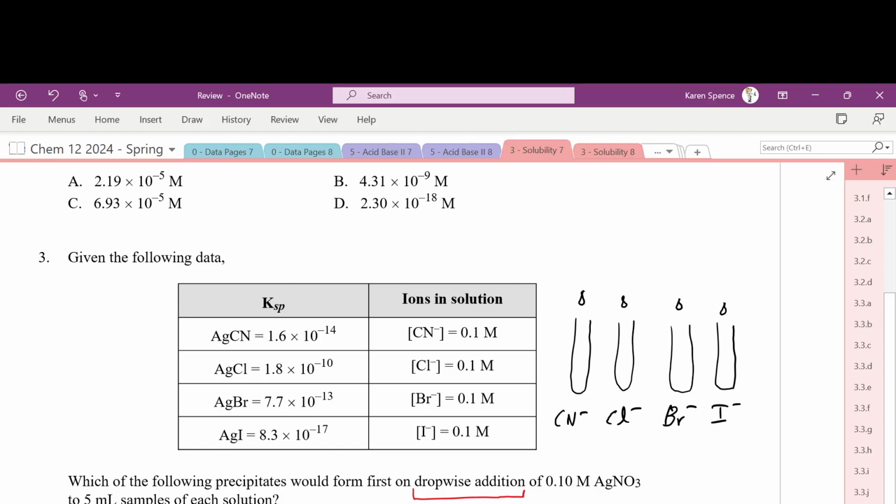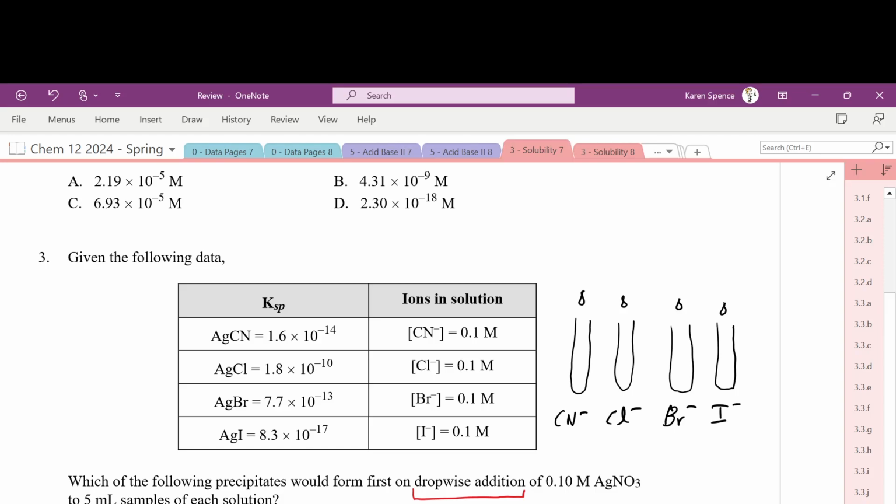Now, probably nothing happens upon the addition of the first drop, but maybe in the second drop, we get a precipitate forming, but it will only form in one of them. Okay? And we want to know which one the precipitate forms first.